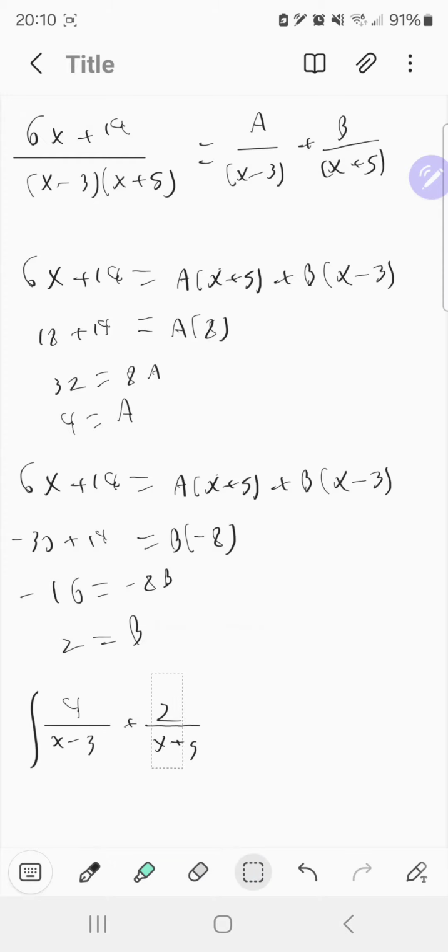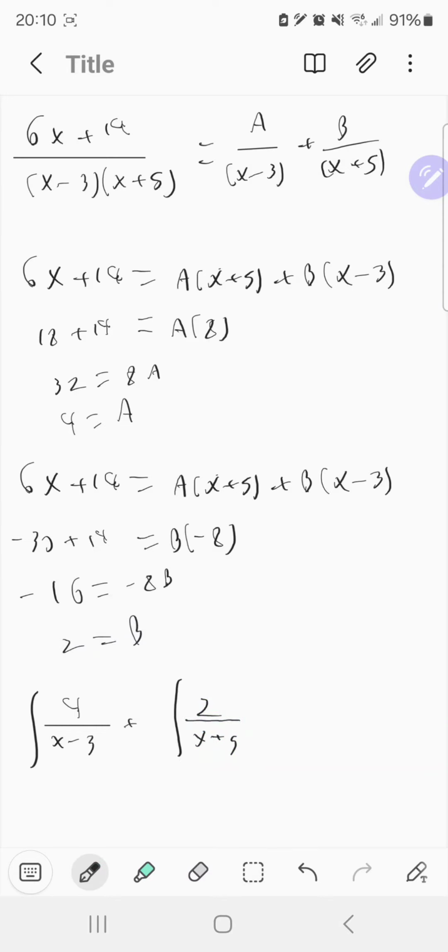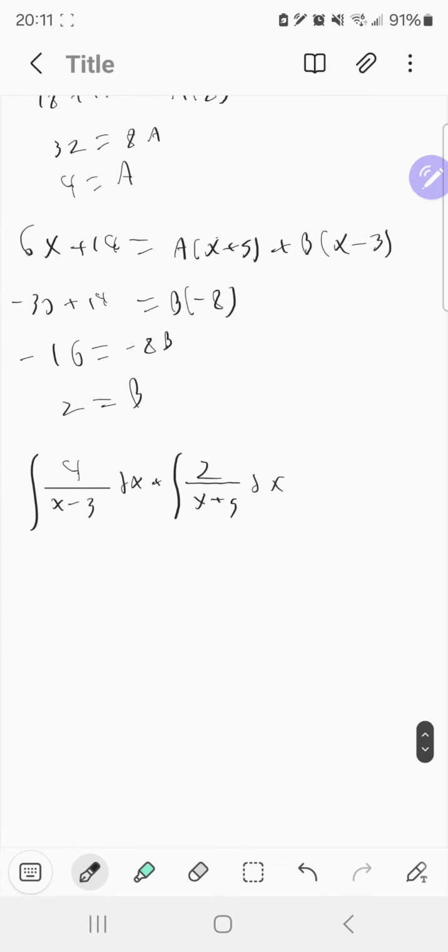Actually, it would be beneficial to break this up into two different integrals, dx plus dx. There. Now we have two different integrals.